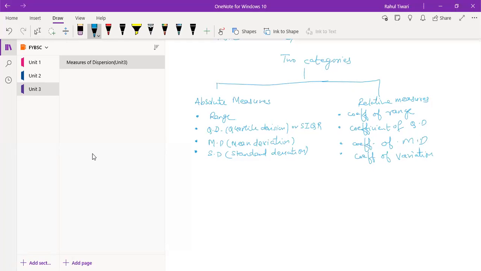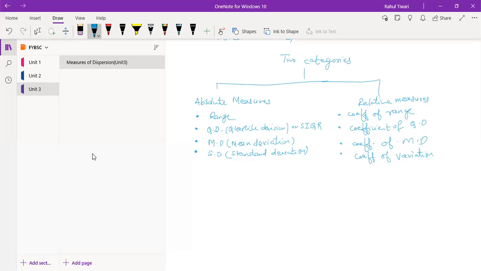So when I talk about the absolute measures of dispersion, they have the same unit as that of the data observations. So if we talk about, let's say, the height of all the students, the units are the same.